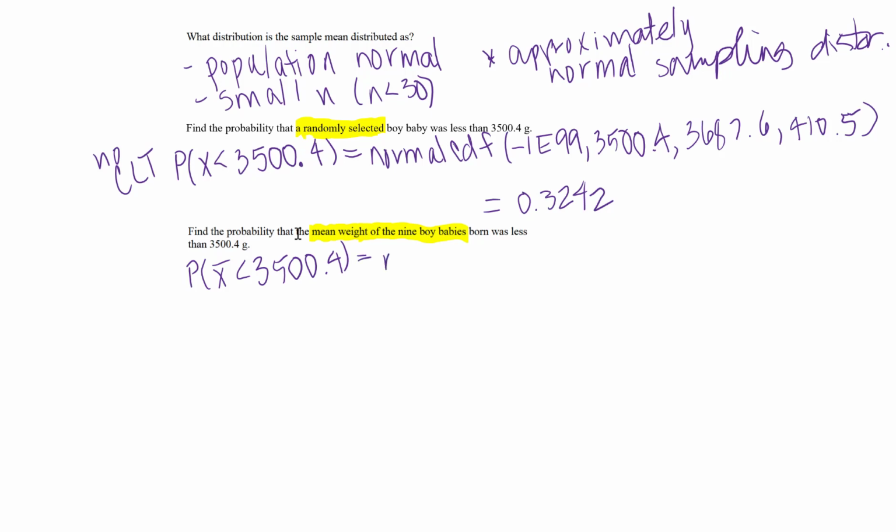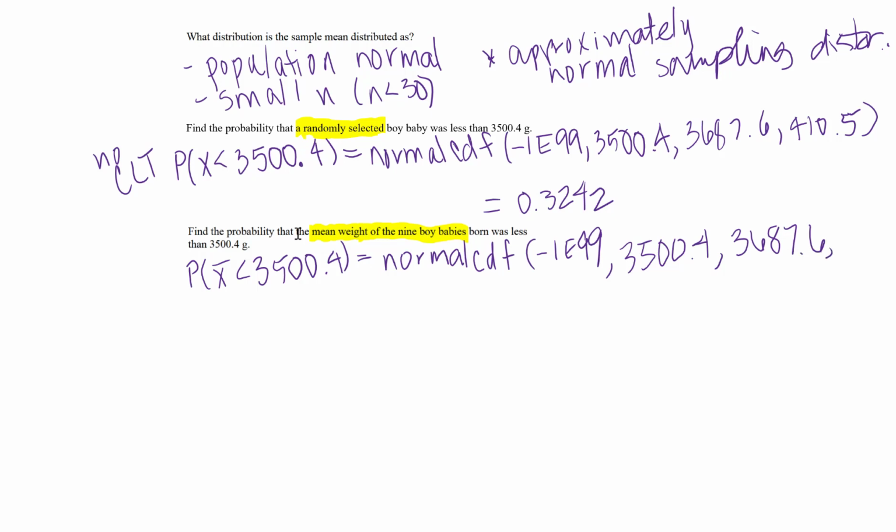Now notice the X bar that we have in our notation for probability. You're going to use the same normal CDF, but we are going to adjust the standard error. So you have normal CDF, negative 1E99, and I'll do the calculation in a moment, but I know all of this is going to be the same. So your range is the same. Your mean doesn't change because even though this is mu X bar, it still stays the same.